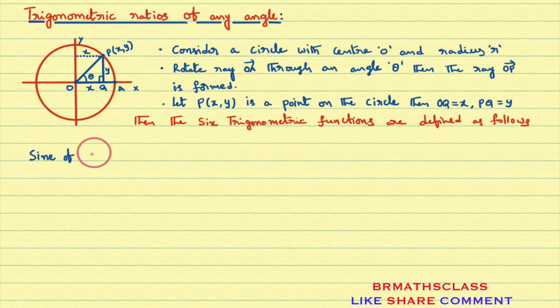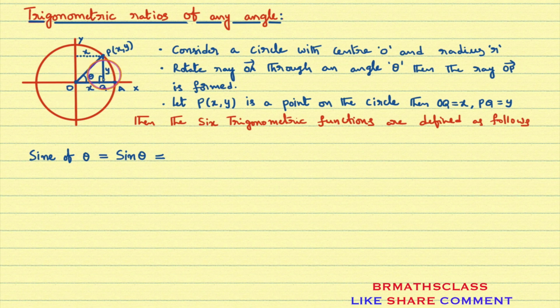The first trigonometric function is sine of theta. Sine, S-I-N-E, of an angle theta is simply denoted by sin theta. And sin theta is defined as follows. Observe here, the triangle OPQ is a right angle triangle.